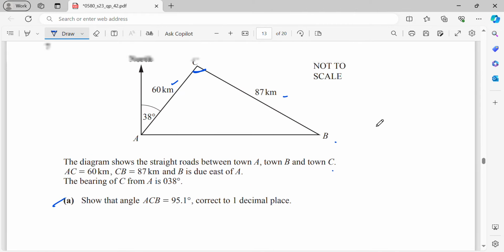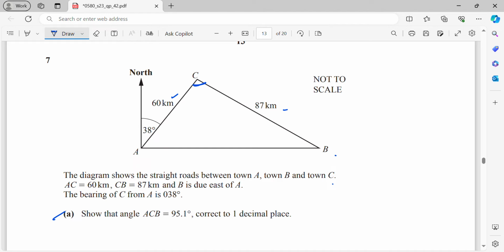Now from here, to get that angle, I need to use the sine rule. But before the sine rule, I need to know what is my angle CAB, because I'm given the opposite side as 87.